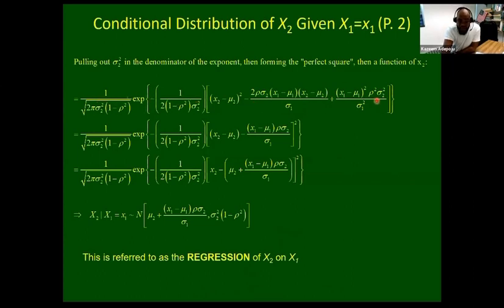When I have this expression now, oh my God, this is squared. The whole of this guy is squared. This guy is squared, this guy is squared, this guy is squared. It means I can rewrite this as x1 minus mu1, parenthesis, rho sigma 2 divided by sigma 1, and put it all squared.